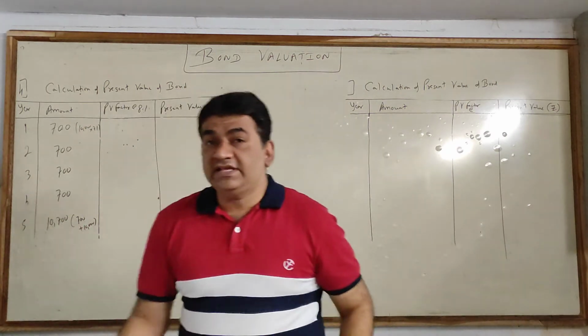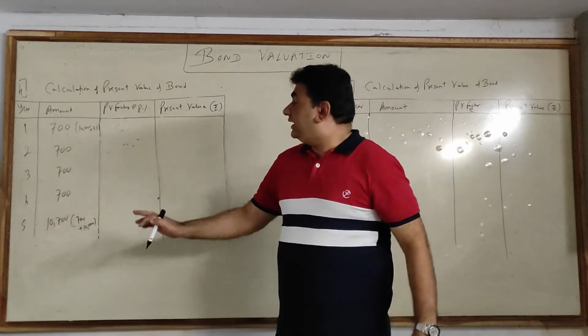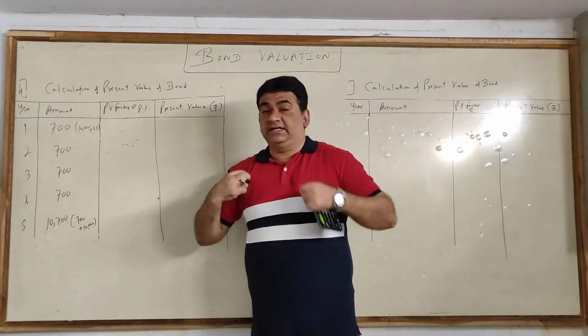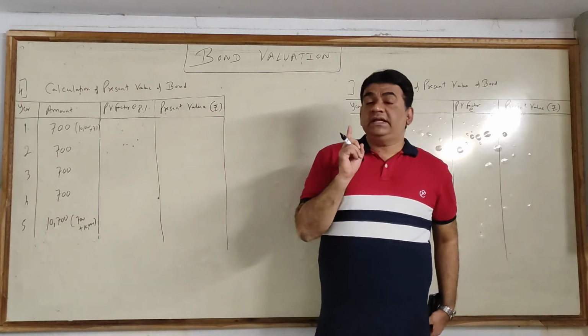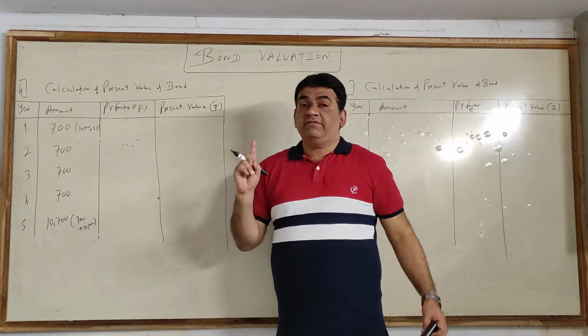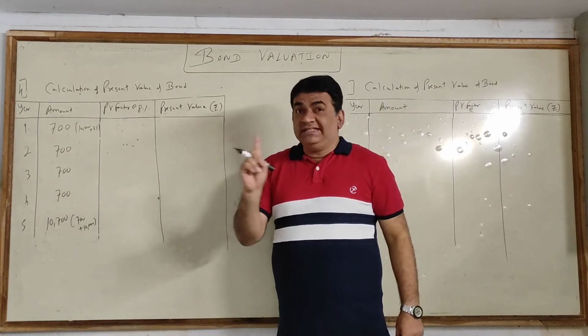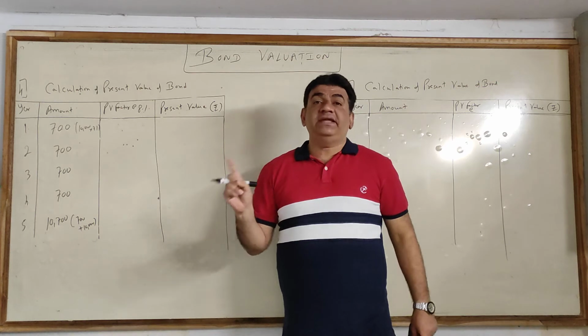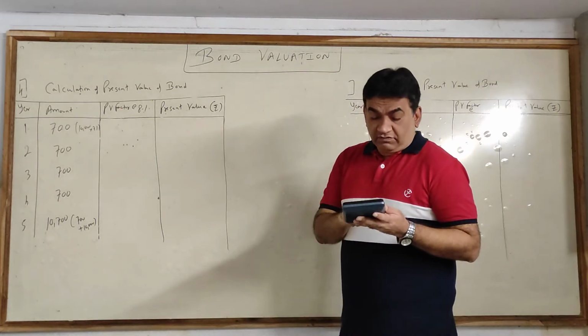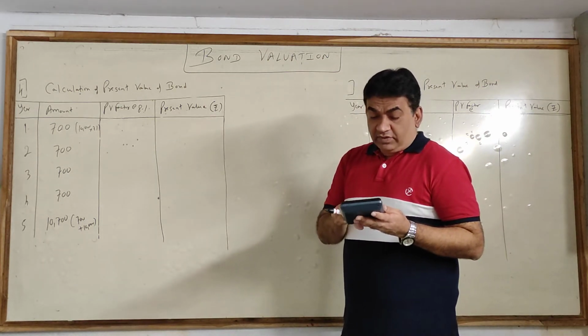Now guys, be careful. Required rate of return is 8%. Remember, some people make the mistake of 1 divided by 1.8. No, 8% means 0.08. 80% would mean 0.8. So what you do is 1 divided by 1.08.